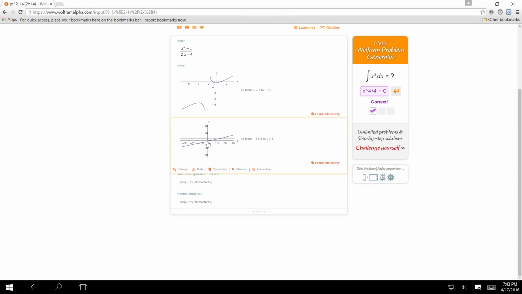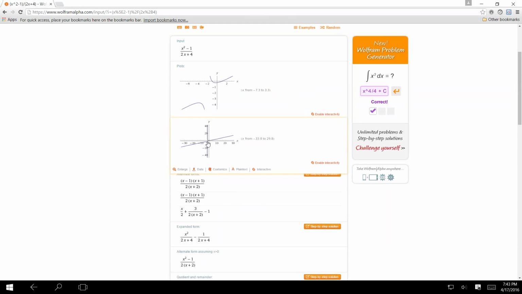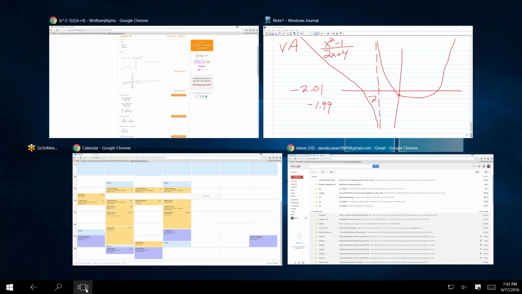Notice our vertical asymptote at -2. How does that compare with the way I drew it?